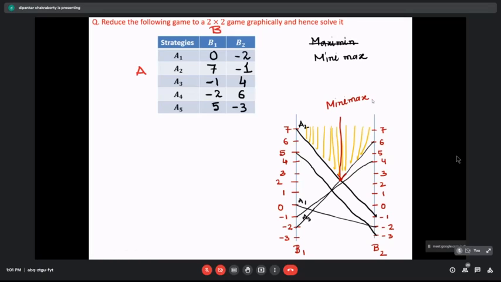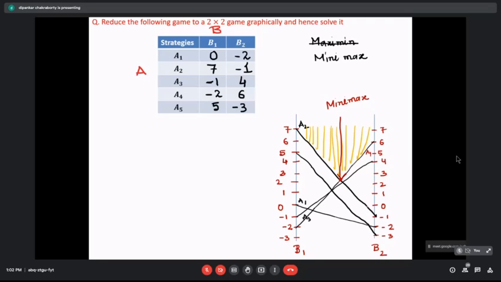And here you can see that this minimax point is coming from the intersection of A4, minus 2 and 6, and A2.